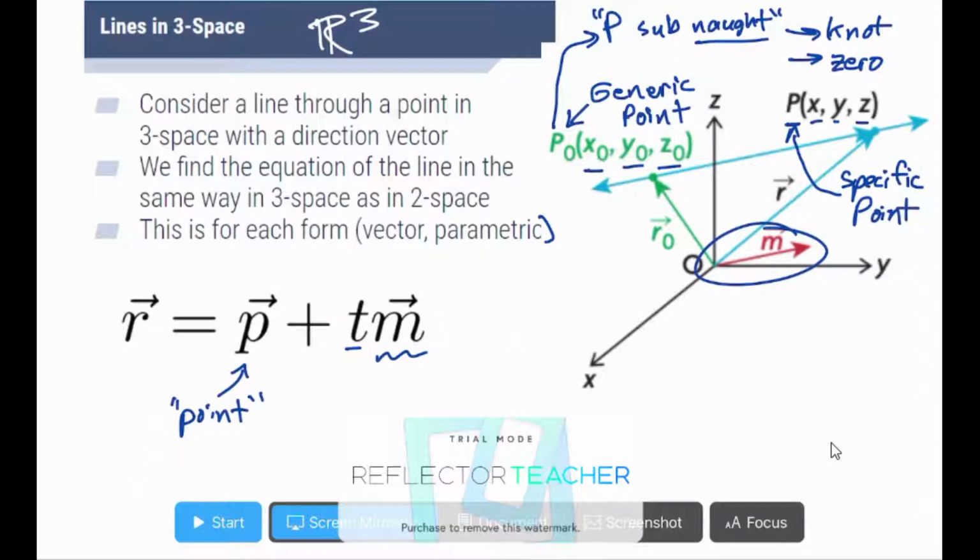And so remember, when we're dealing with the vector form of our equation, we can think of having our given point, and then we travel from that point in the direction of our vector m. And remember, it doesn't matter where the vector is, so we can imagine that we had it here even, and then we moved it over.